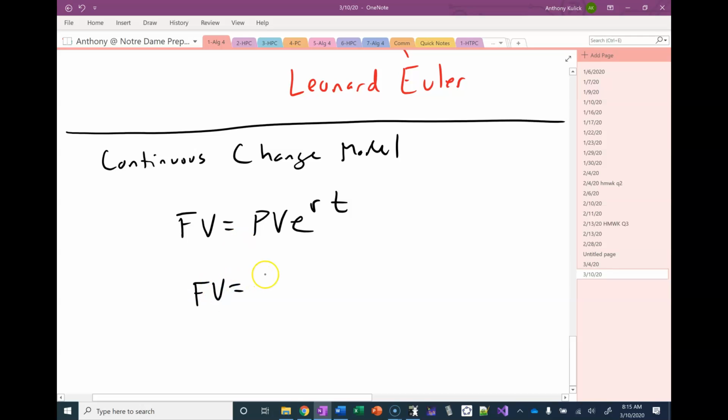So that continuous change model is FV is equal to PV times e to the RT.